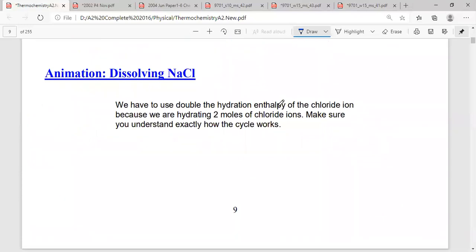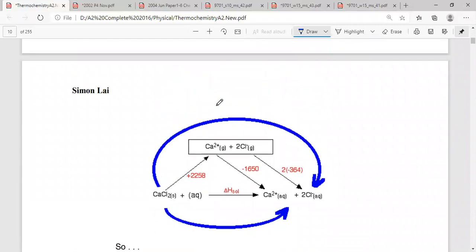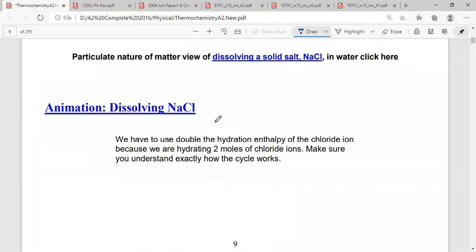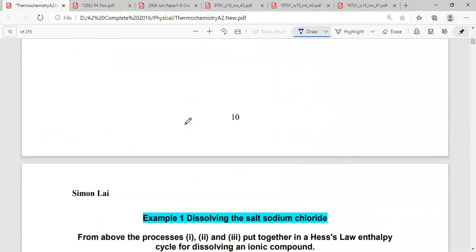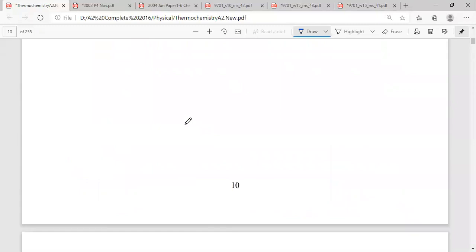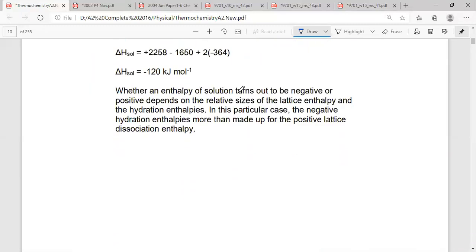Now I want to use this one here, because I was a bit lazy to give you all the data; I actually got it from here, but it's easier to use this one. This says I want to dissolve solid calcium chloride in water.